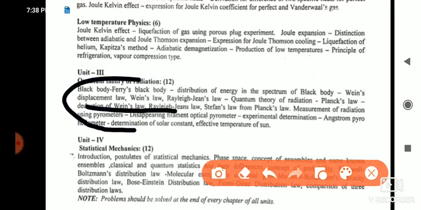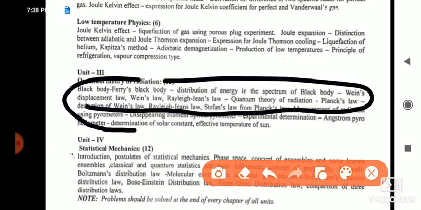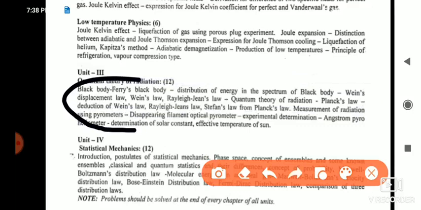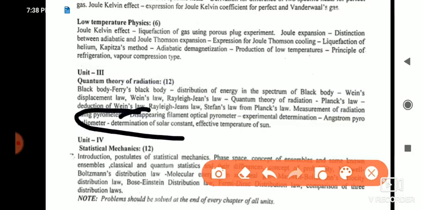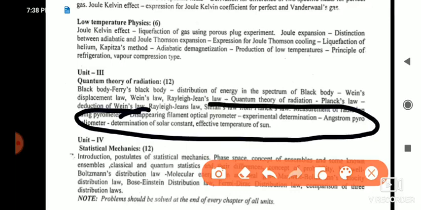Up to here we have the black body, Ferry's black body, distribution of energy spectrum, Wien's law, Rayleigh's law, quantum theory of radiation, and Planck's law: one part. And pyrometers, the disappearing filament pyrometer, Angstrom pyrheliometer, solar constant and effective temperature are the other part.